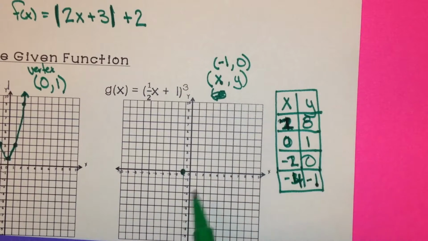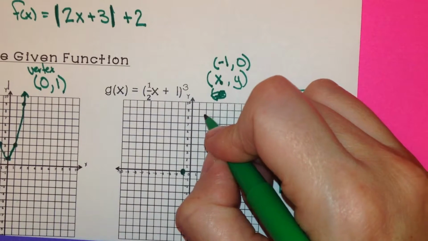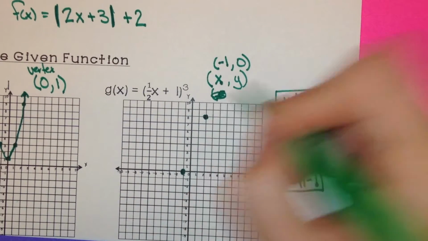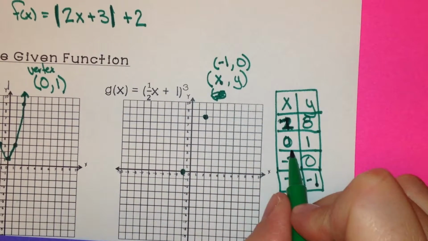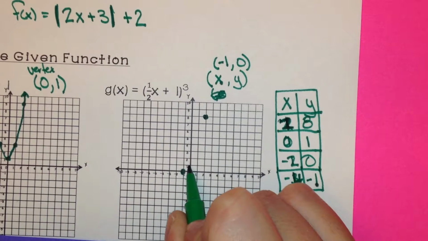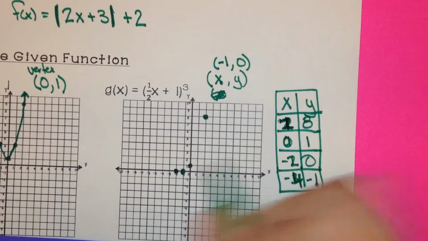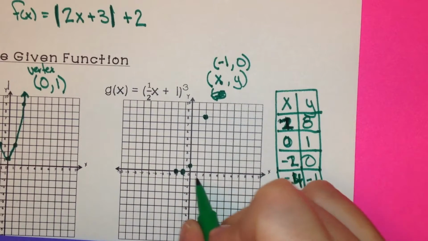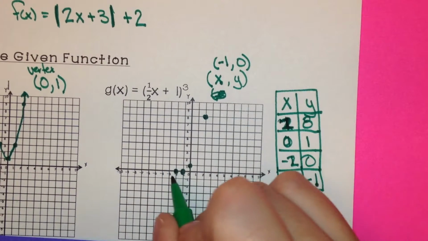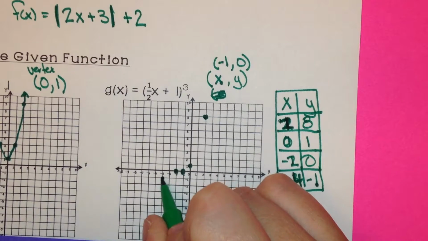So when x is 2, y is 8. When x is 0, y is 1. When x is -2, y is 0. And when x is -4, y is -1.